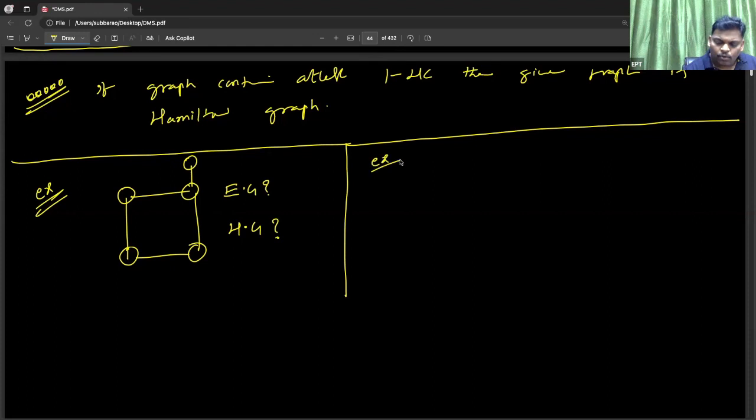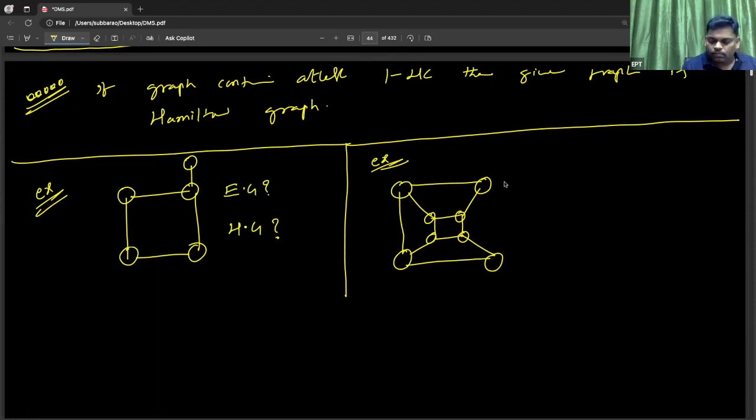And one more problem. Try this also. Is it Euler graph or not?